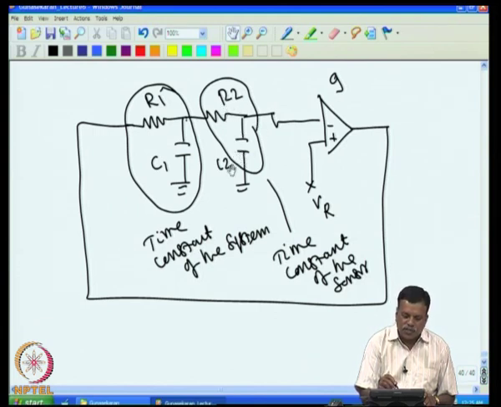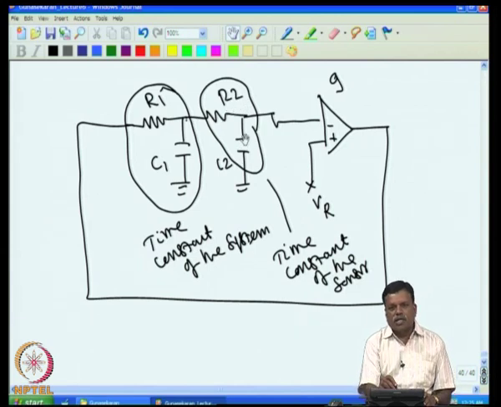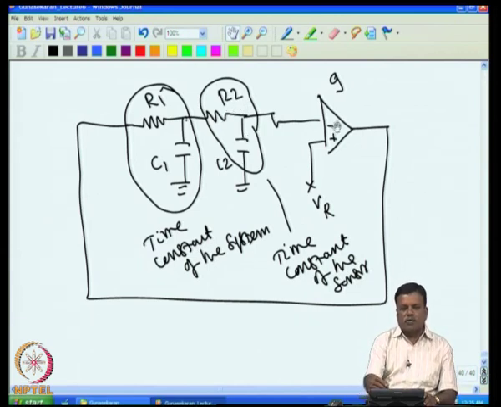If at some frequency this phase shift is 90 degrees and this phase shift is also 90 degrees, then the total phase shift introduced by the two will be 180 degrees, and this controller already has 180 degrees phase shift. That means at some frequency it is possible to have a total phase shift of 360 degrees, because 90 plus 90 plus 180 gives 360 degrees.